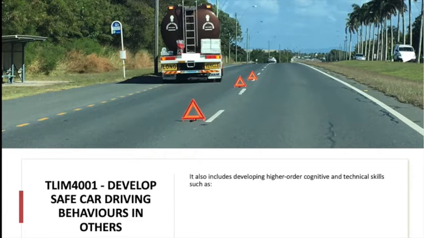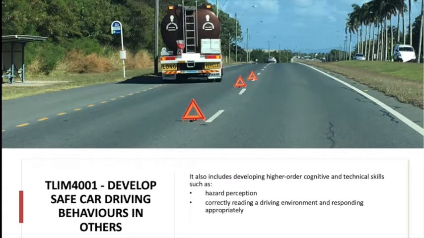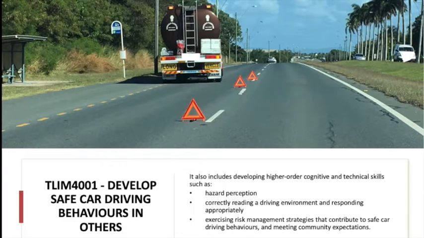It also includes developing higher order cognitive and technical skills such as hazard perception, correctly reading a driving environment and responding appropriately, exercising risk management strategies that contribute to safe car driving behaviours, and meeting community expectations.